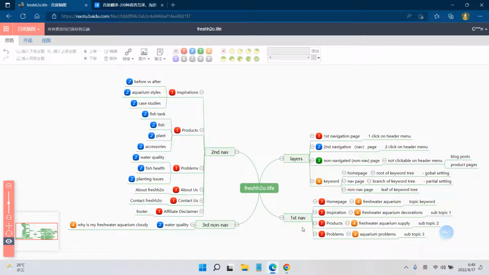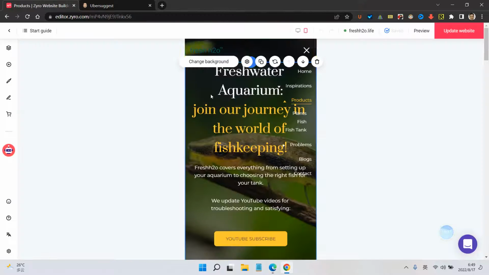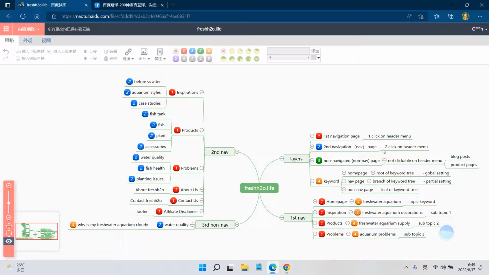And then this kind of pages will be based on these keywords. Like the homepage will be based on the freshwater aquarium. Then I mention inspiration, products, and problems.